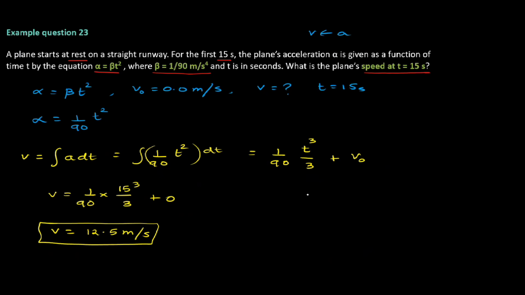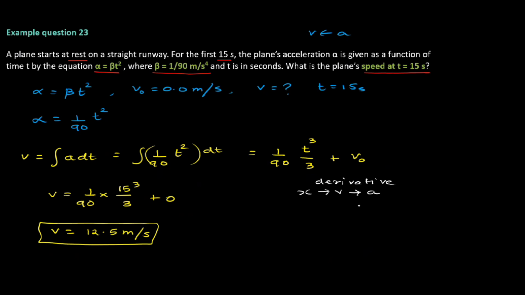Please remember, while solving problems based on position, velocity, or acceleration functions, if you start at position and need to find velocity or acceleration, you have to take the derivative of position to find velocity and the derivative of velocity to find acceleration. So when you move in this direction, we take the derivative.